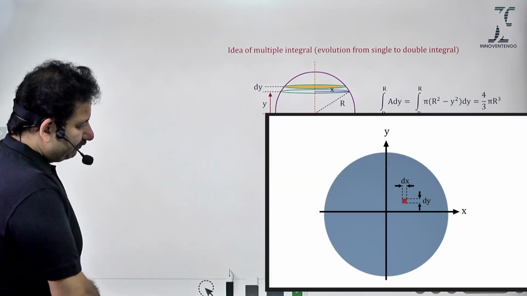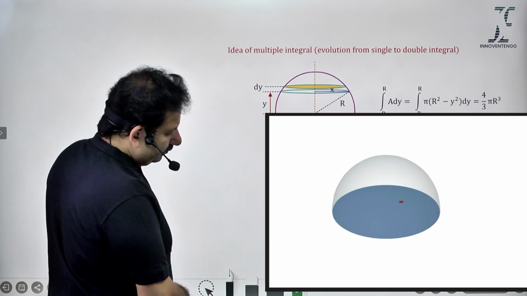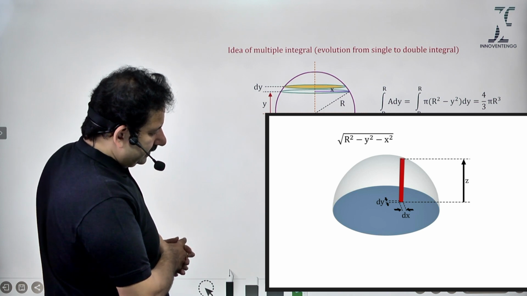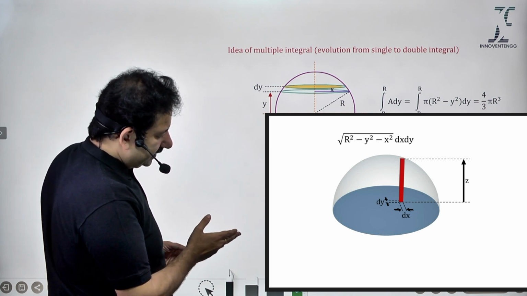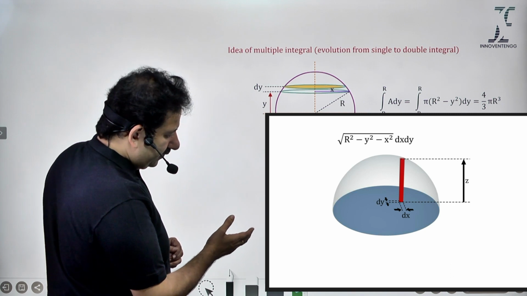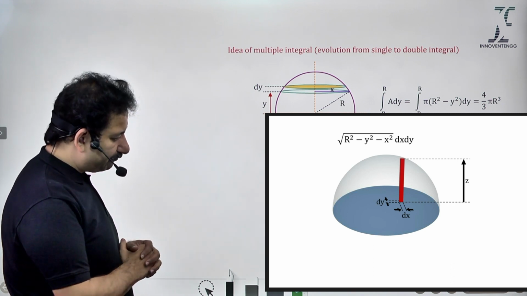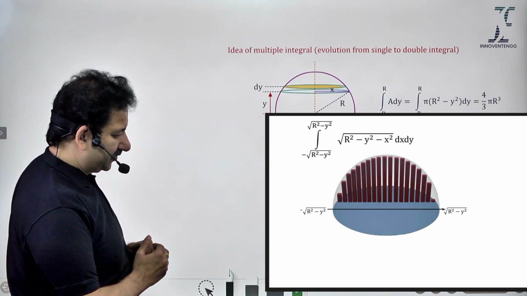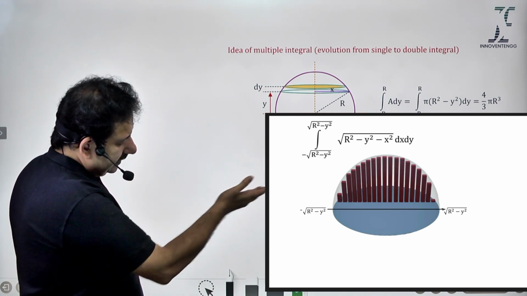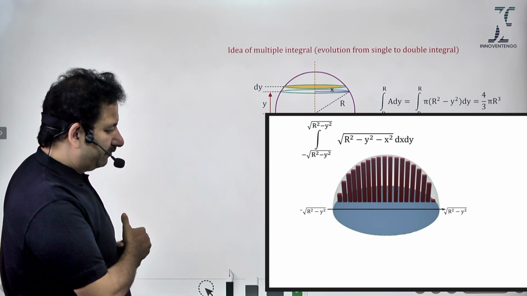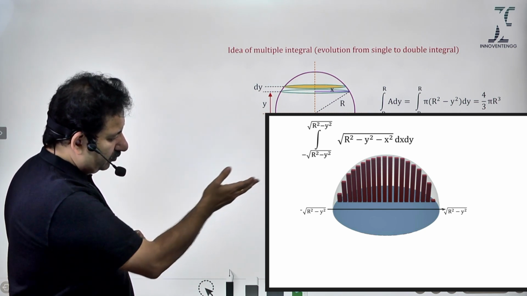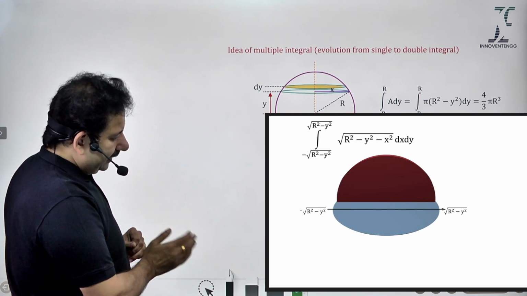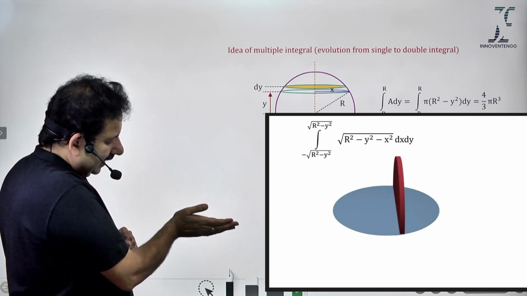Now you can see here, as I compute my z and then multiply that by dx and dy, I in fact end up getting an elemental volume. And as I integrate it along the x direction first, you can see the elemental volume that is formed, which is almost like a plate with a curved edge, and that plate is integrated along the y-axis.